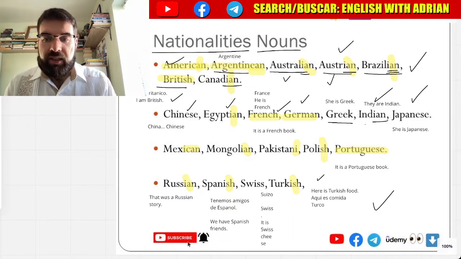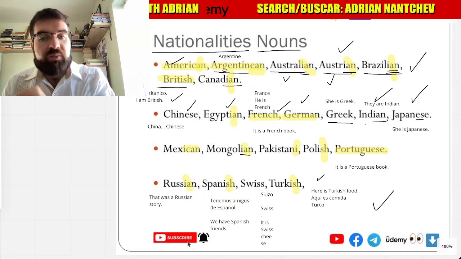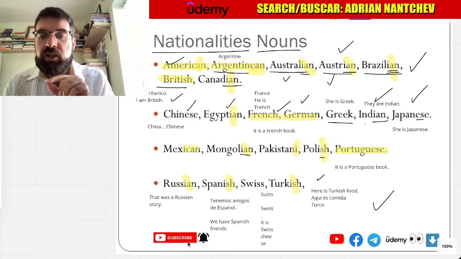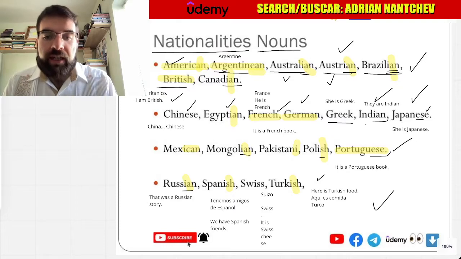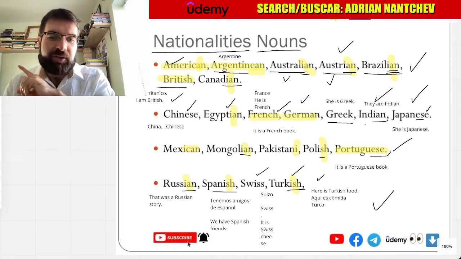Japanese, E-S-E. Mexican, Mongolian, Pakistani, Polish, Portuguese, E-S-E. Russian, I-A-N. Spanish, Swiss, and Turkish, I-S-H. How cool is that, Language Explorers?